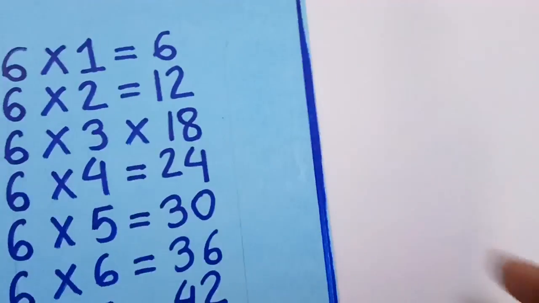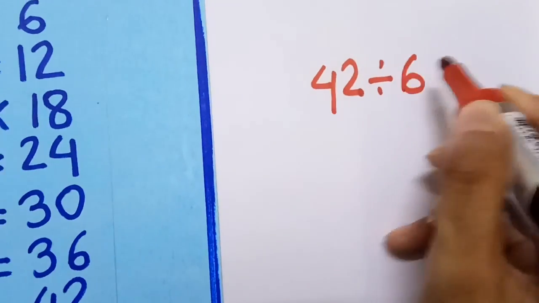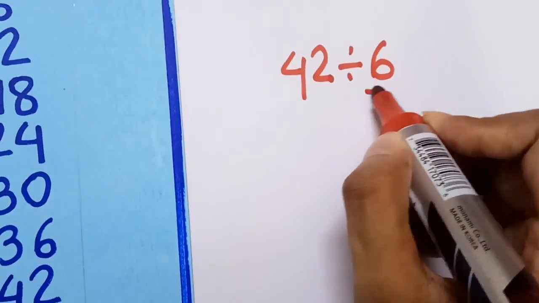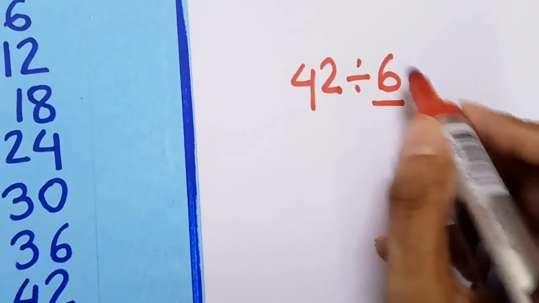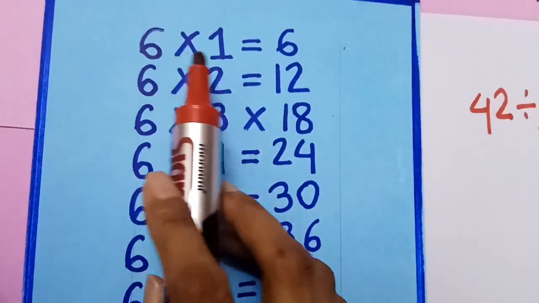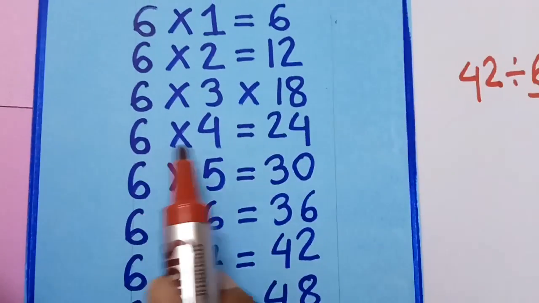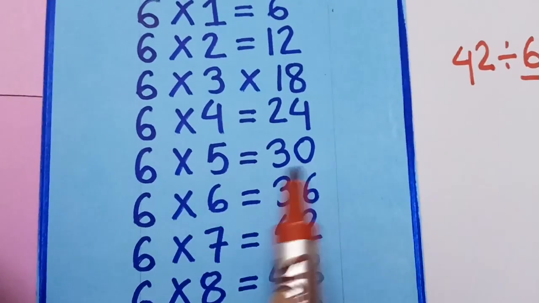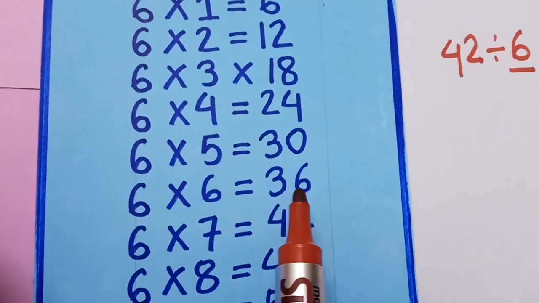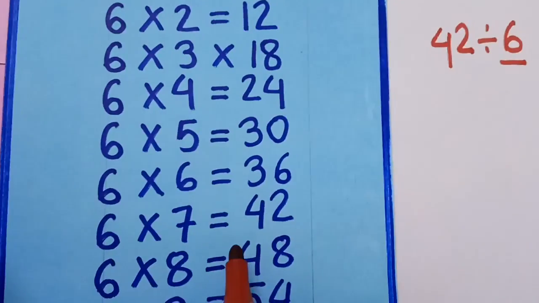42 divided by 6. For solving this problem we have to recite times table 6. Then we see the times table. 6 ones are 6, 6 twos are 12, 6 threes are 18, 6 fours are 24, 6 fives are 30, 6 sixes are 36, 6 sevens are 42.